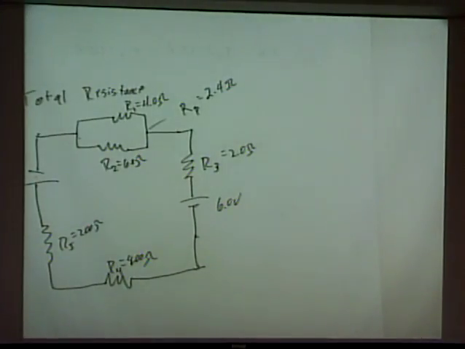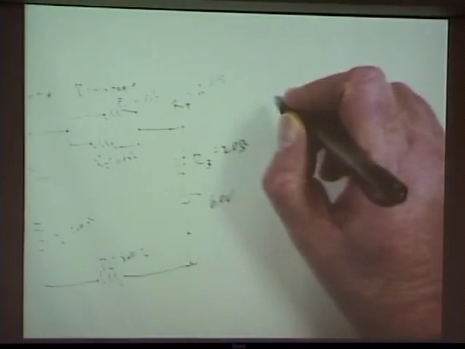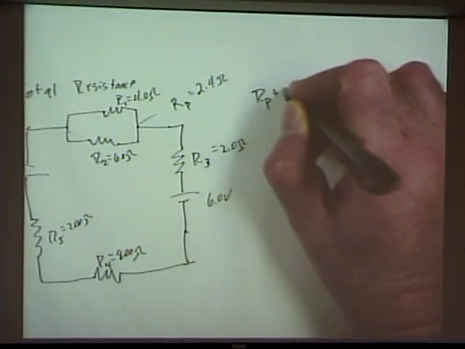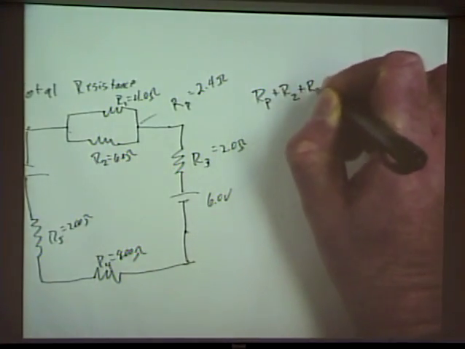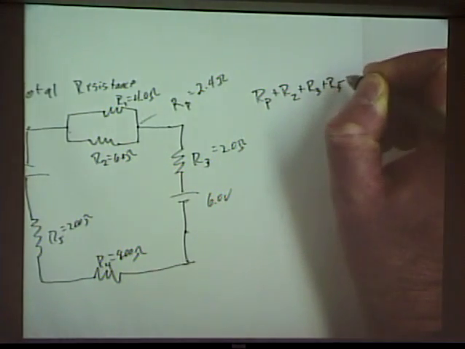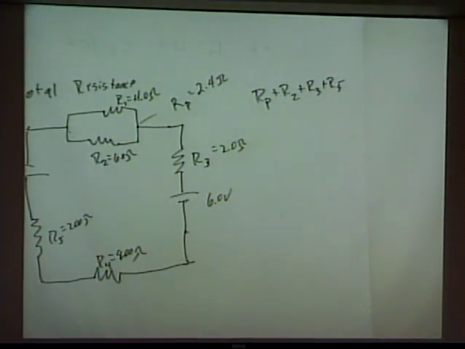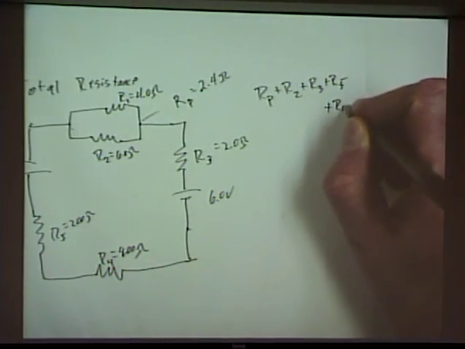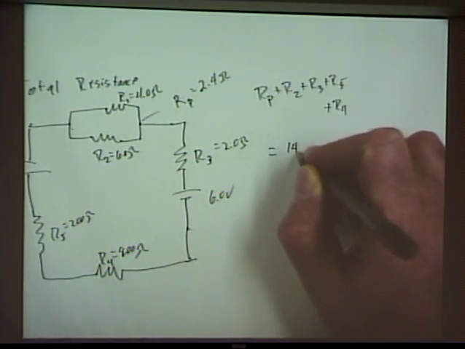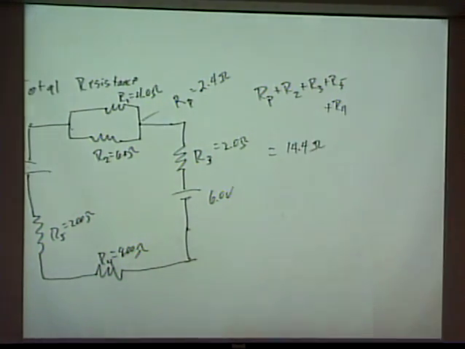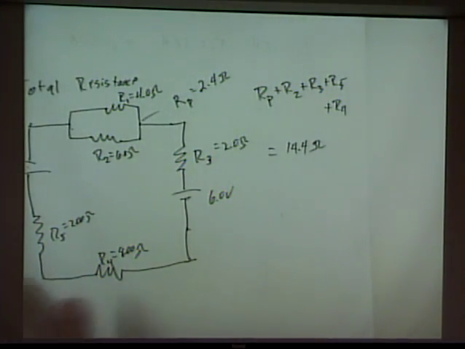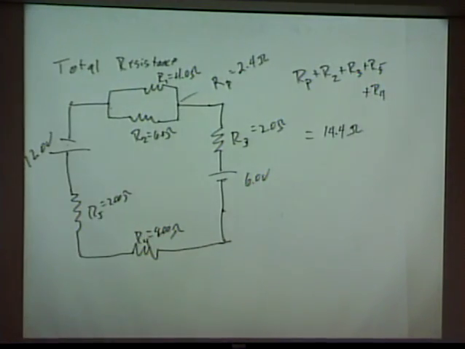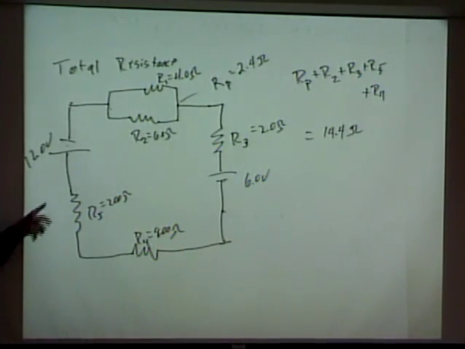Okay? And so if I add up all those, RP plus R2 plus R3 plus R5, is that right? What happened to R4? Plus R4 equals 14.4 ohms.